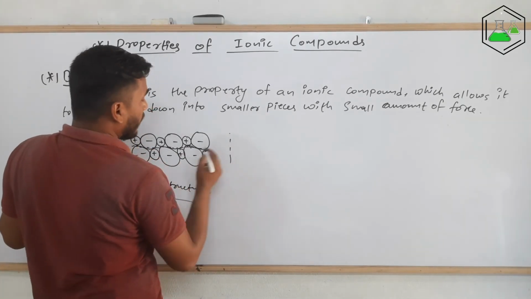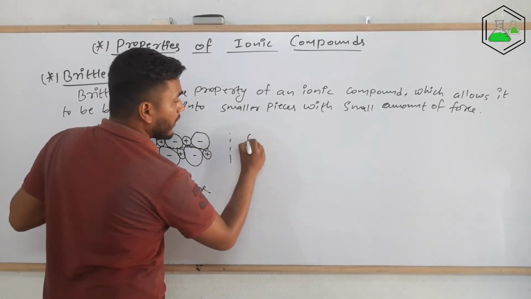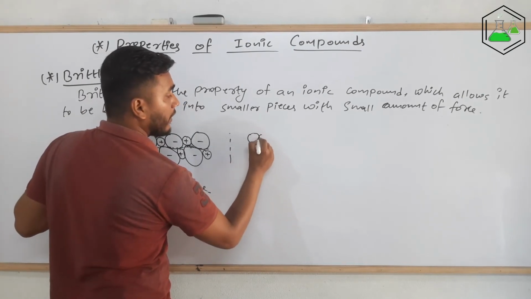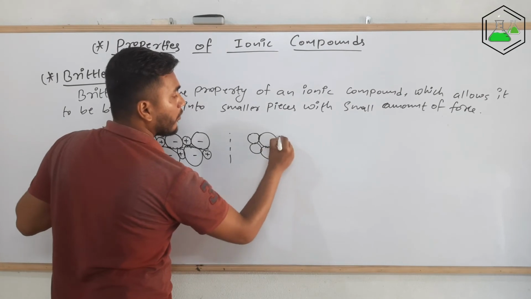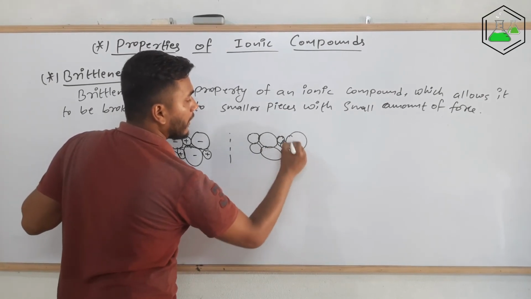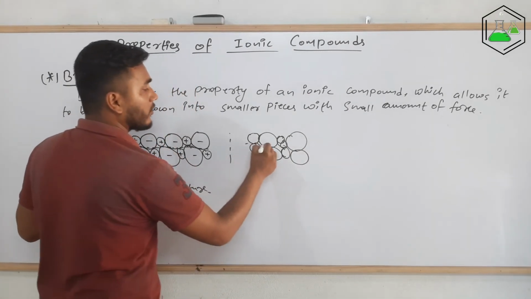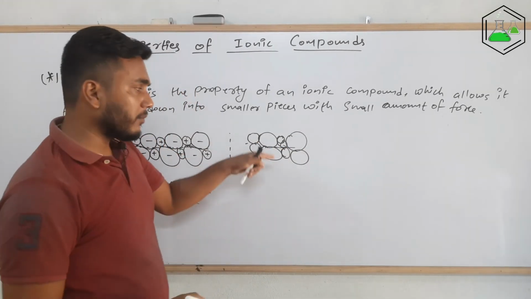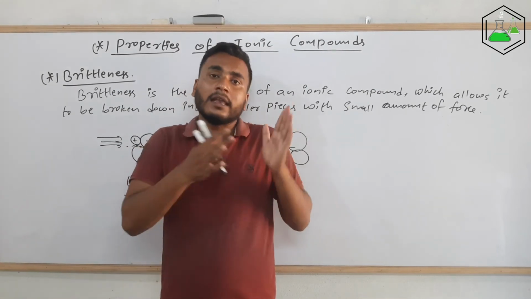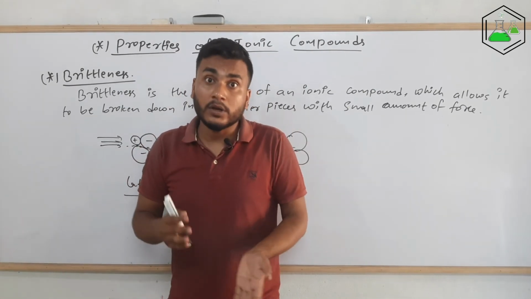And if it moves, what will happen? There will be positive and positive, negative, negative, positive, positive, negative, negative, like this. I'm not making the whole structure. Positive and positive, negative and negative will come closer. They will be together. That is, like charges will come closer.